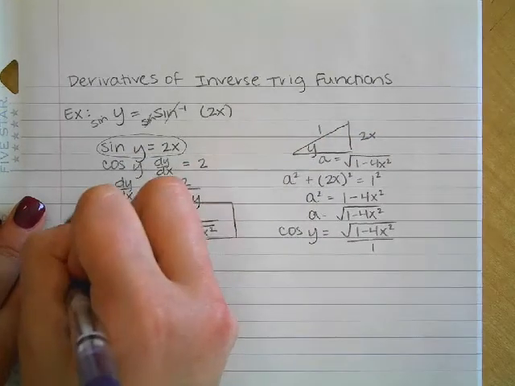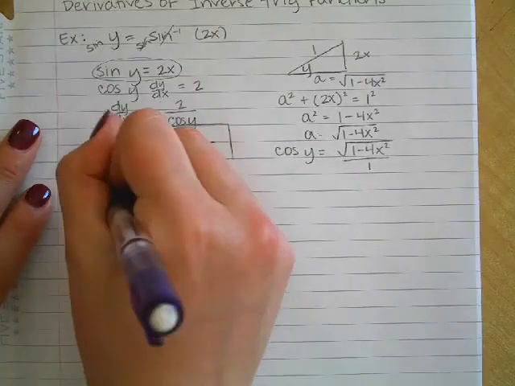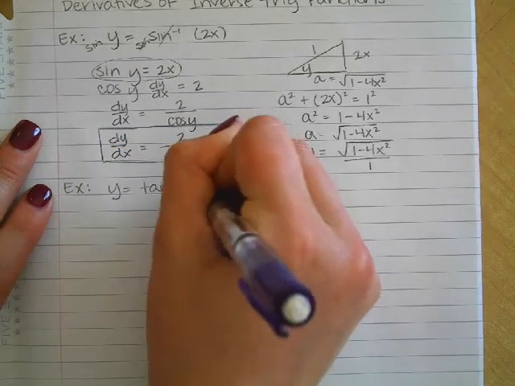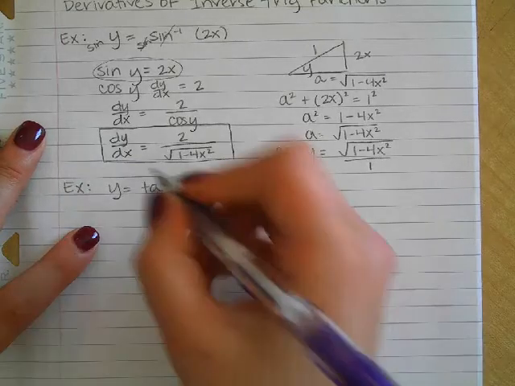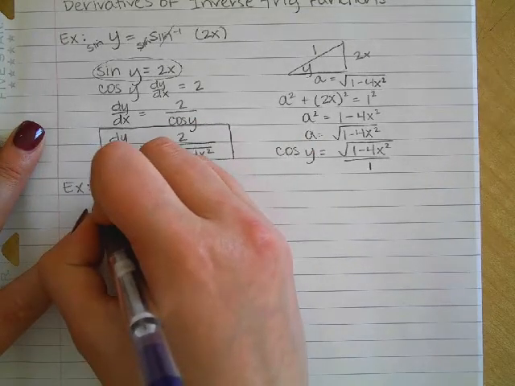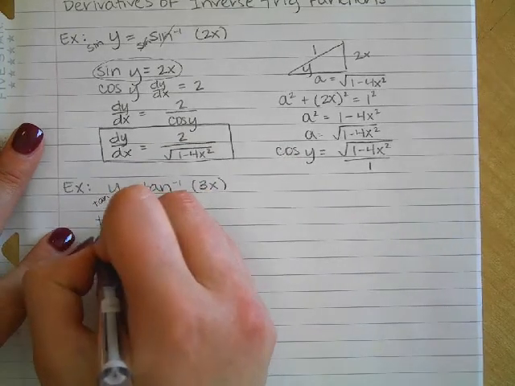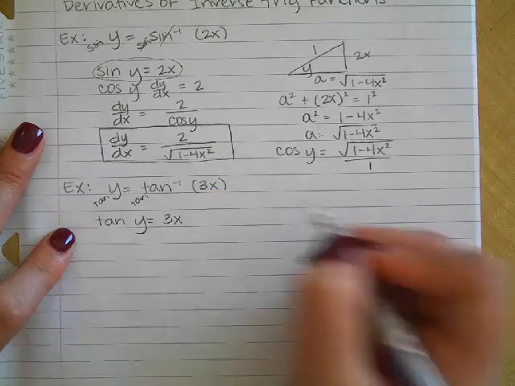All right, here's my next example. I'm going to say y equals tan inverse of 3x. So again, I'm going to rewrite the problem. I'm going to undo the tan inverse because I would be more comfortable finding the derivative using implicit differentiation.